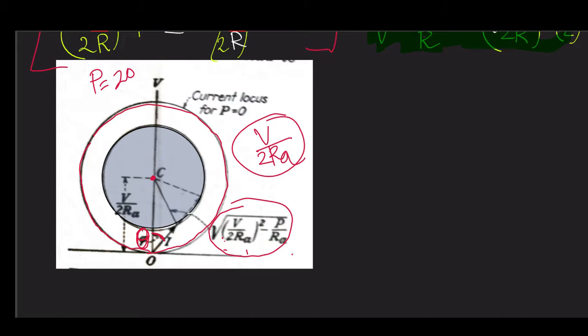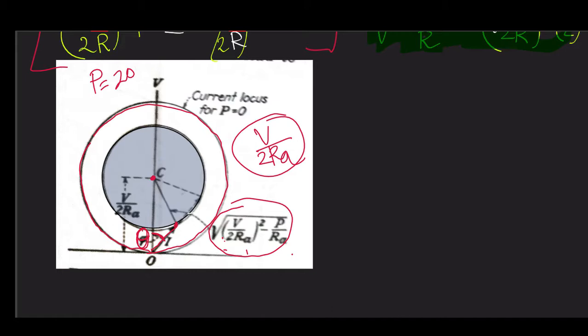Now there is one more question that needs to be answered here. For a given power, what we can see is that this locus of current is varying along this circle. For a given power, we can have our current locus at any point on our circle.